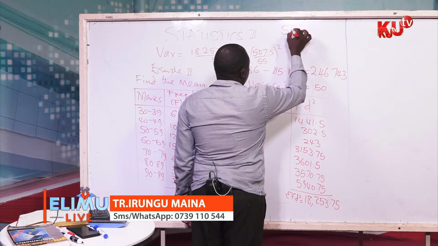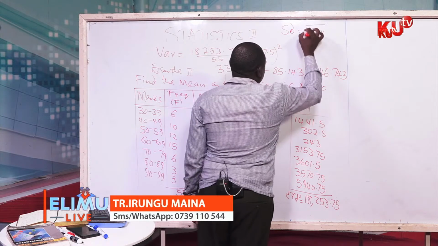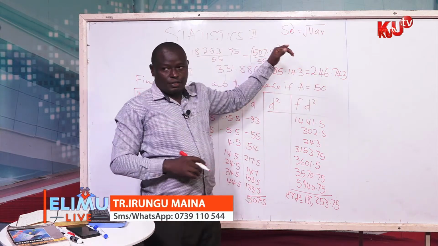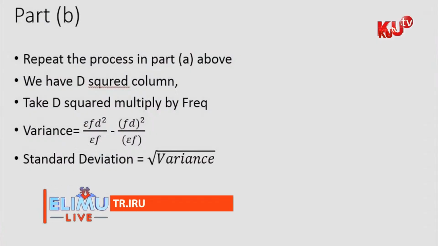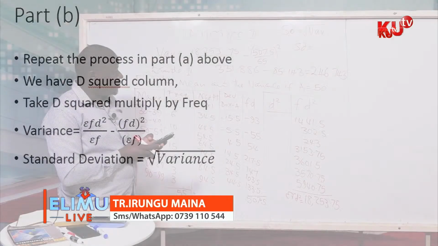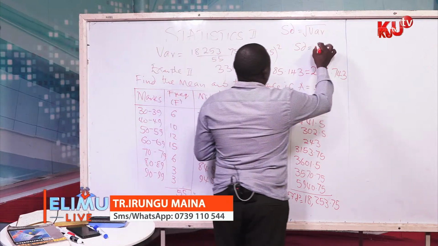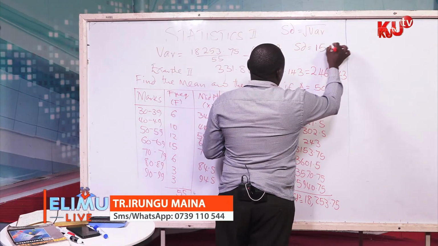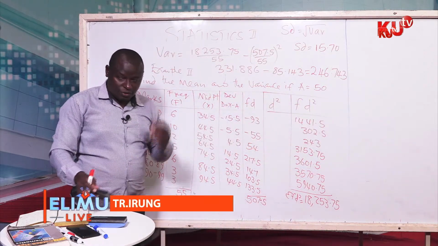Standard deviation, SD, is given by the square root of variance. So SD is the square root of 246.743, and I'm getting 15.70. That is my standard deviation.